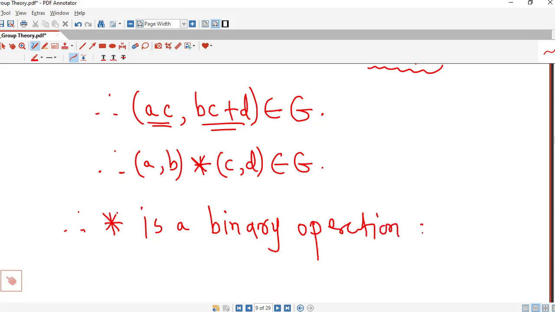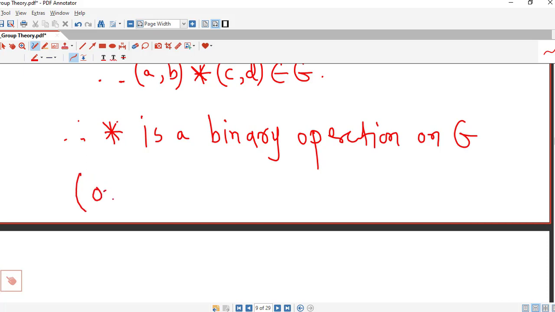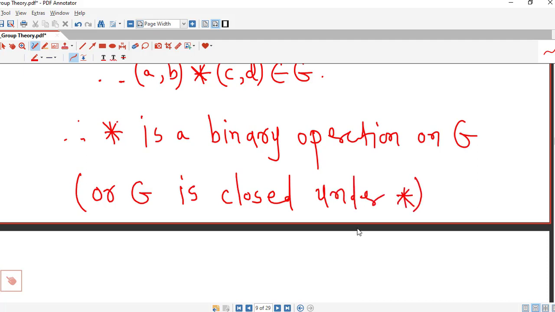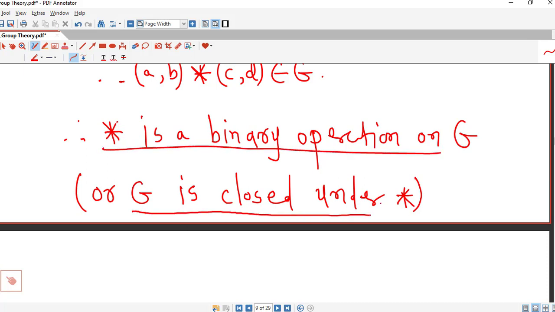Star is a binary operation on G, or we can write that G is closed under star. Both are the same statement. Star is a binary operation on G, or G is closed under the operation star.